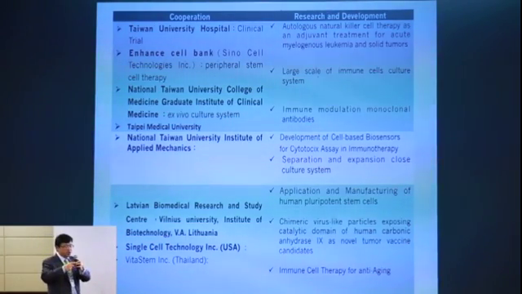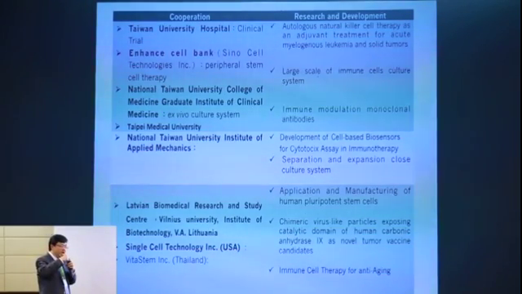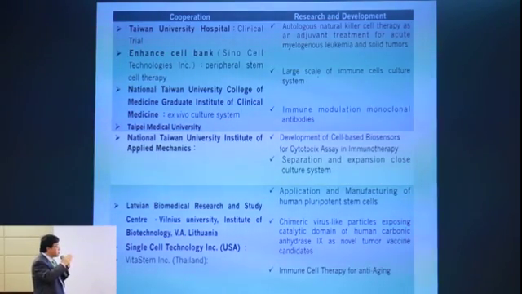We developed a new microchip. We just drop a little blood, just 1 microliter, to detect the state of the immune cells and their ability to attack tumor cells. It's a very small chip, and we have the patent for it.